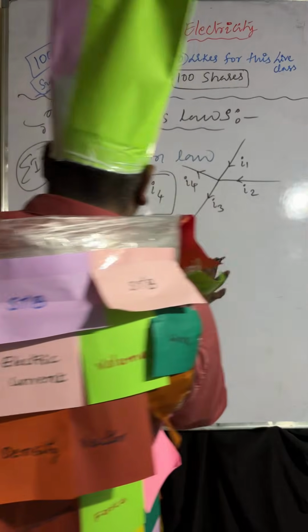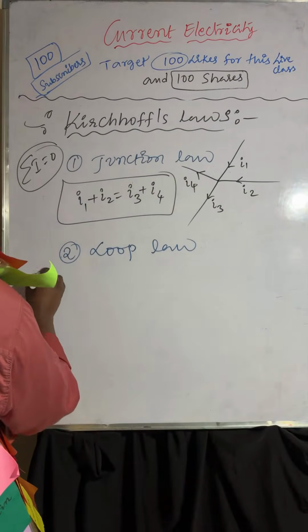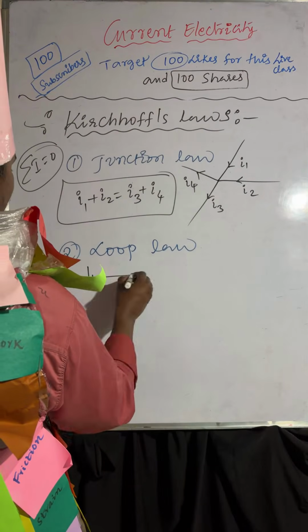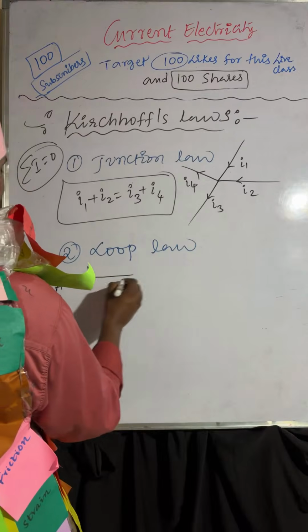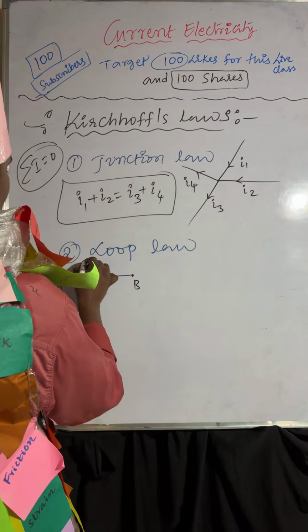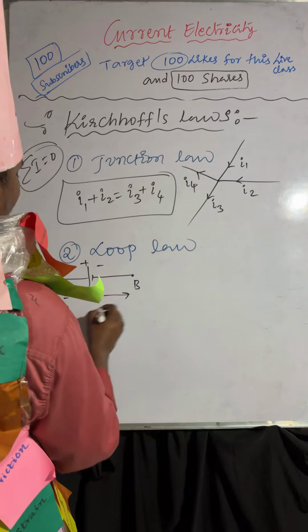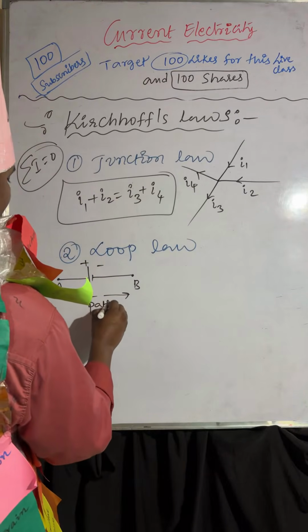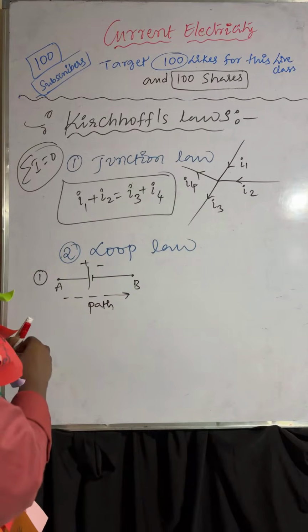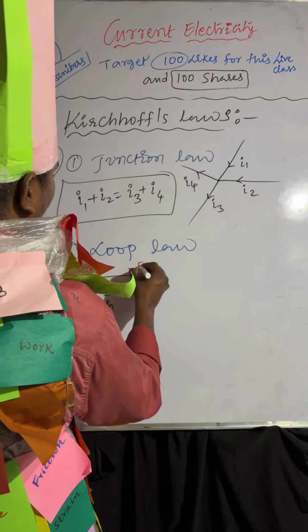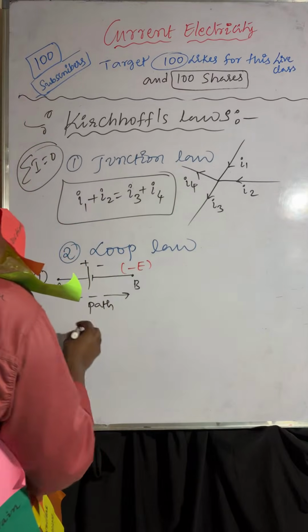Coming to the loop law, here 4 points are there, so observe carefully. I am taking the cell, so this is A and B, positive terminal, negative terminal. We are taking this path. Then the EMF of this cell is negative, because we are moving from positive to negative.